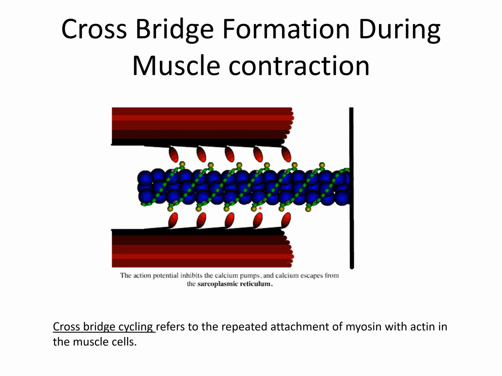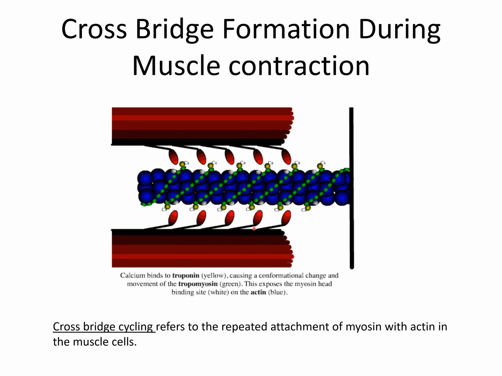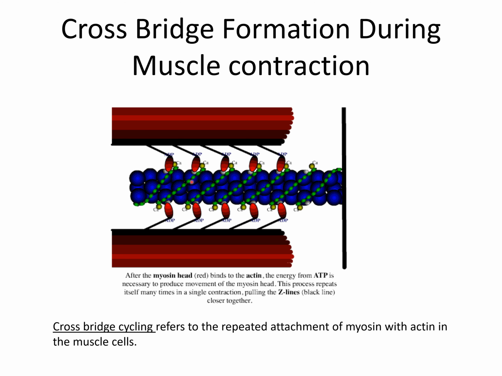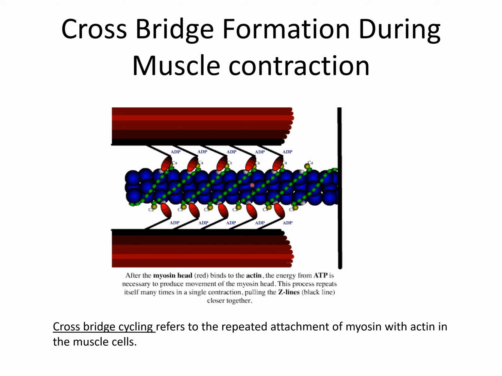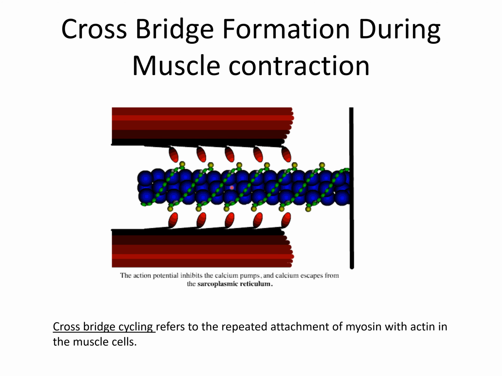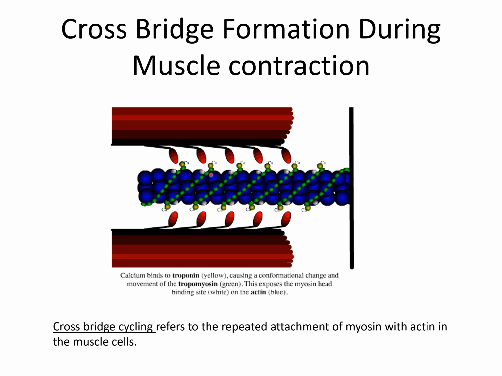During muscle contraction, there's something called cross bridge formation. When the myosin head binds to the actin, this is myosin over here because it has the globular heads, and this is the actin. The two most important components for this to happen are calcium ions and the attachment of ATP to the myosin heads for energy.